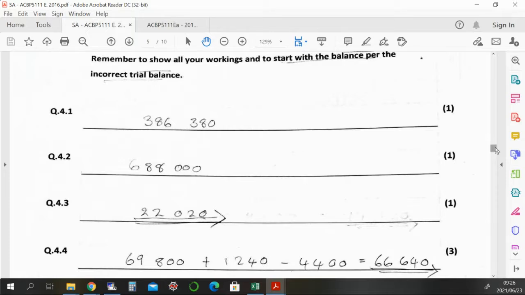Are we debiting or crediting? Crediting, okay? It requires quite a bit of thinking, to be honest with you. So we're crediting trading inventory 4,400. And then we can move on to the next one.